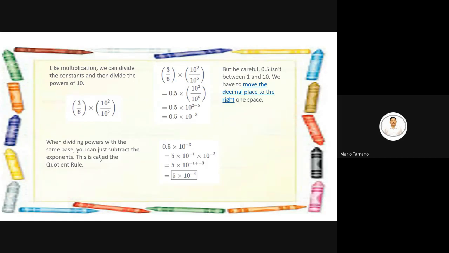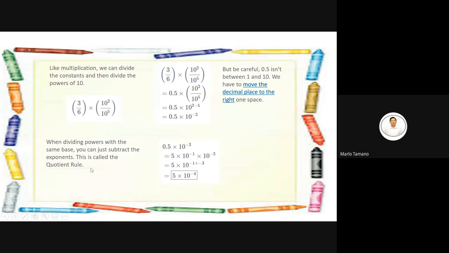This is called the quotient rule. Quotient rule po yan under ng law of exponent. I-discuss po sa inyo yung law of exponent, but not this time. Soon po, okay? Pero pinapaunawa ko na po na ganun po yung ating gagawin sa ating multiplication and division.